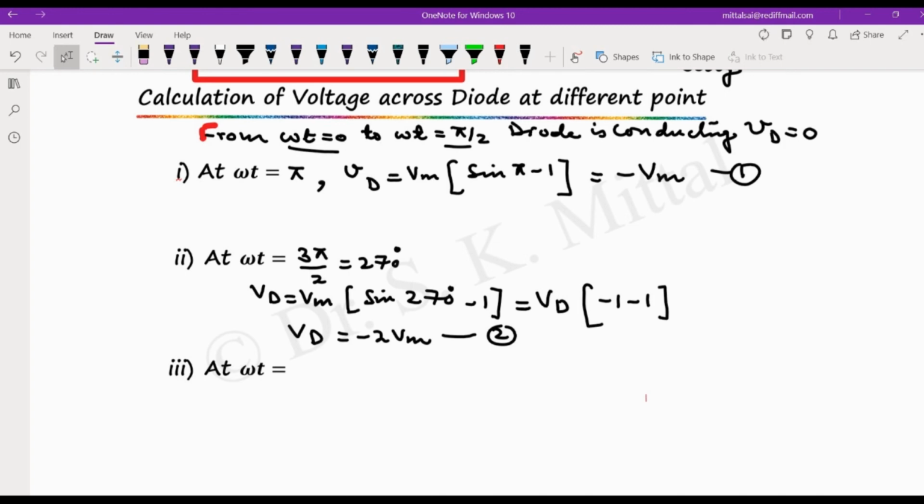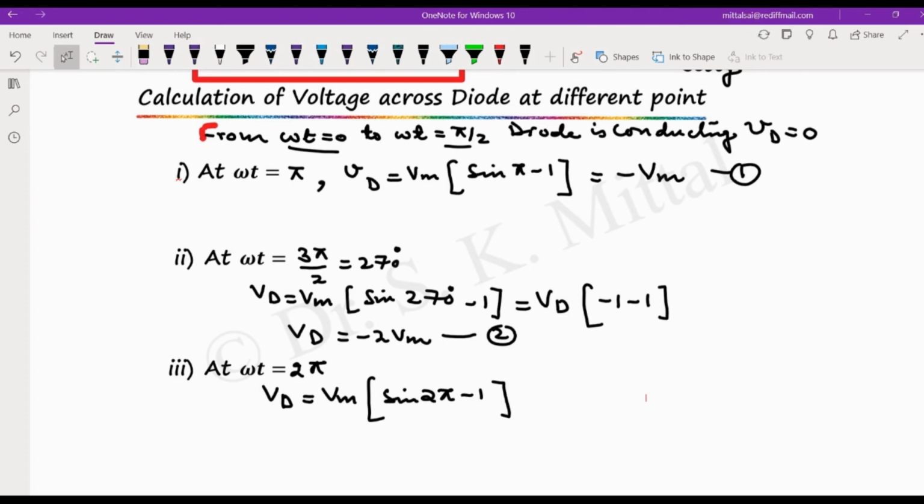Now again we can consider the point omega t is equal to 2 pi. At omega t is equal to 2 pi, Vd is equal to Vm sine 2 pi minus 1.